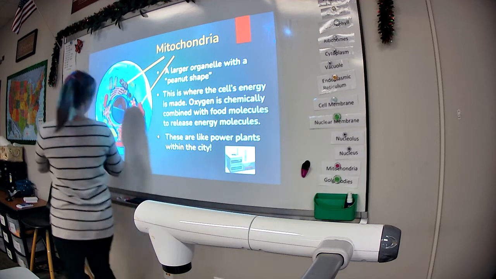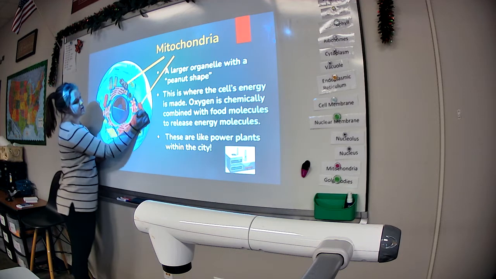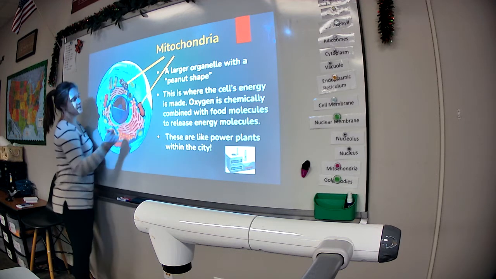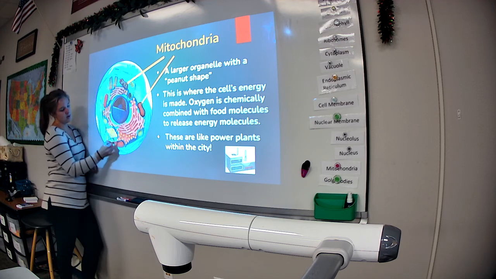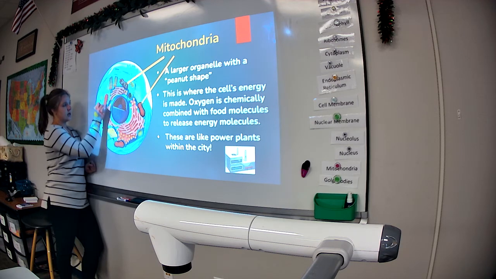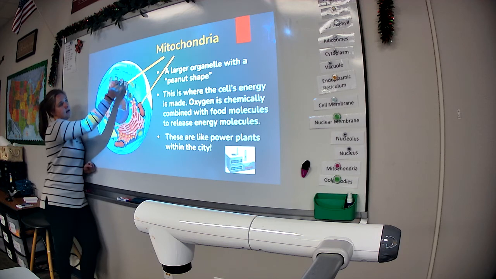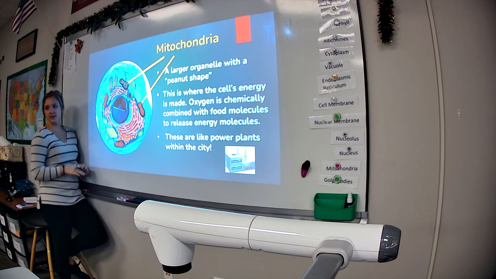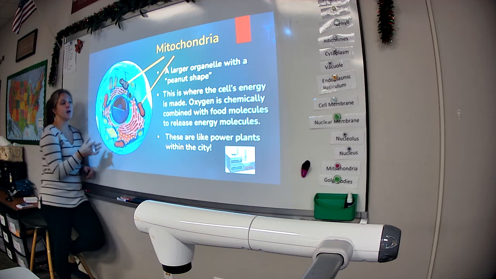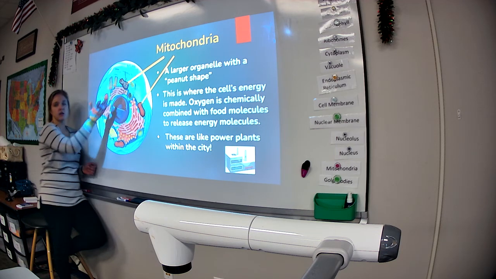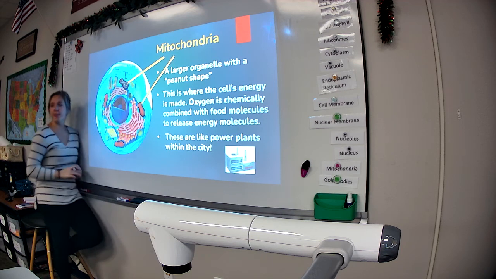So, this guy right here is a mitochondria. This guy is a mitochondria. This guy is a mitochondria. And this guy. Now, this one in particular looks different, because it's showing you what the inside looks like. So it's peeling back that mitochondrial membrane and showing you what the inside looks like.